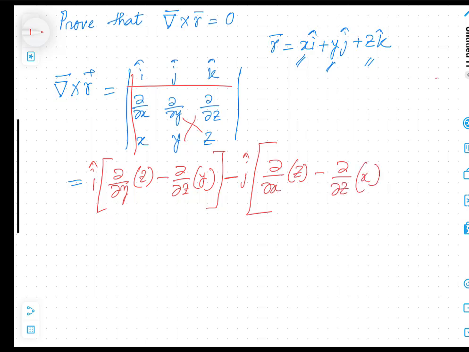Plus k vector. In this case, the third column and the first row will be off, and I have k vector del x of y minus del y of x.